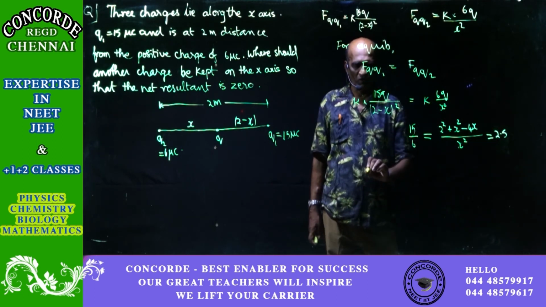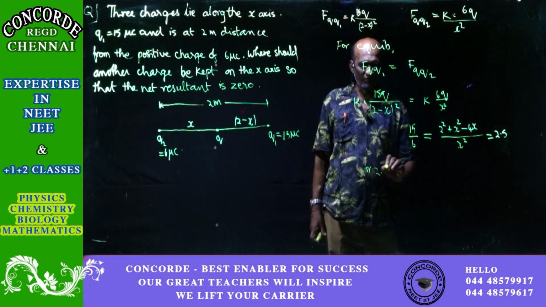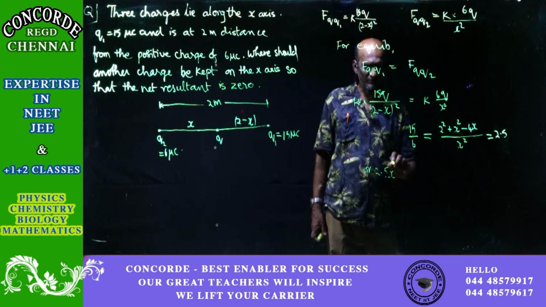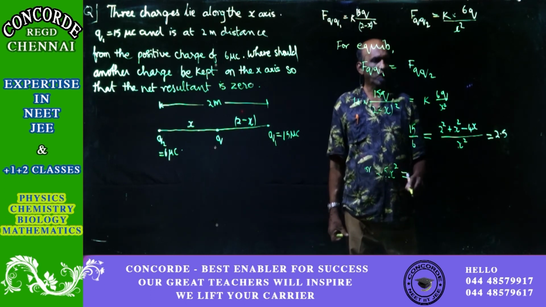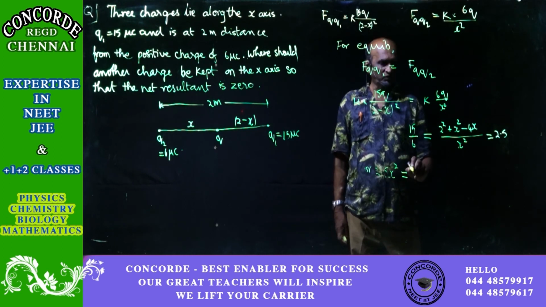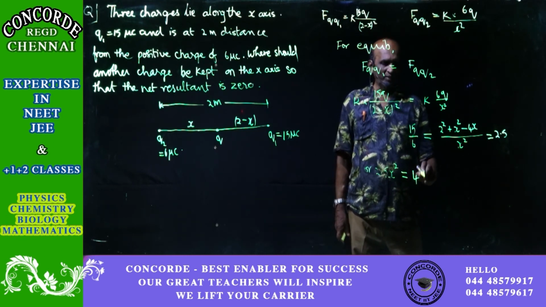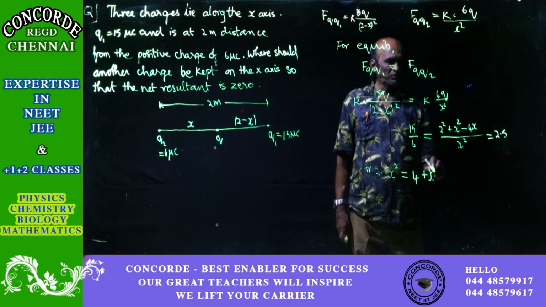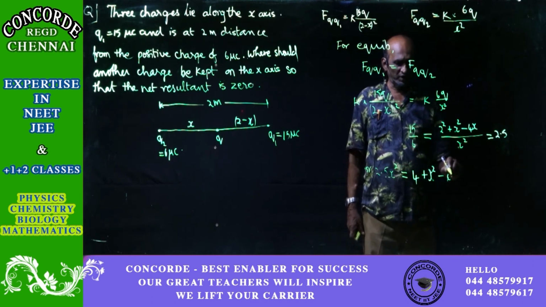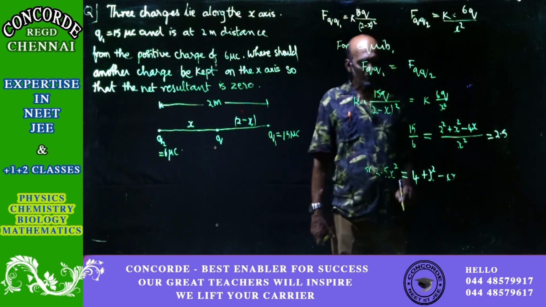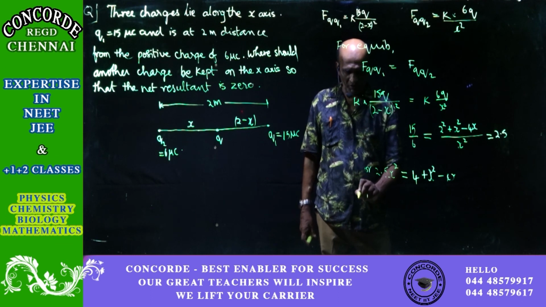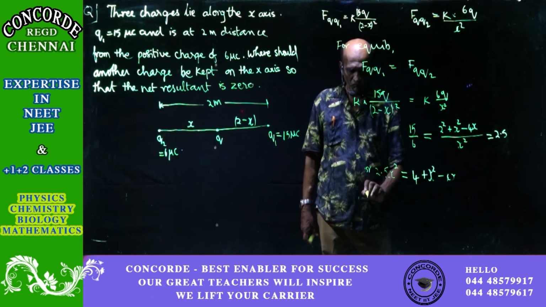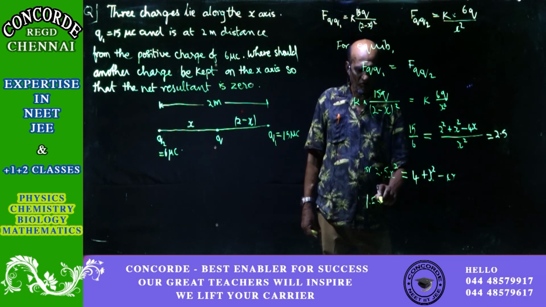So 2.5 x square is equal to 2 square is 4, plus another x square minus 4x. So one x square going that side becomes 1.5 x square.